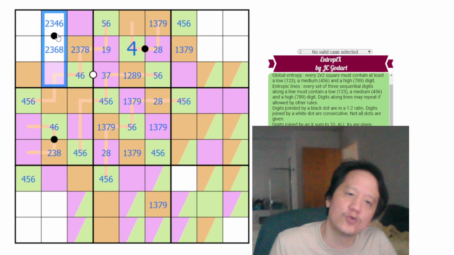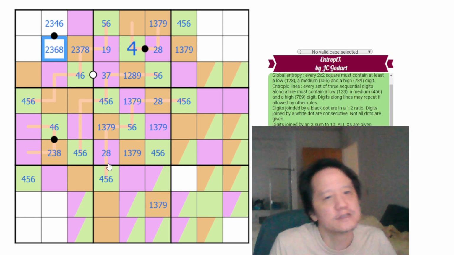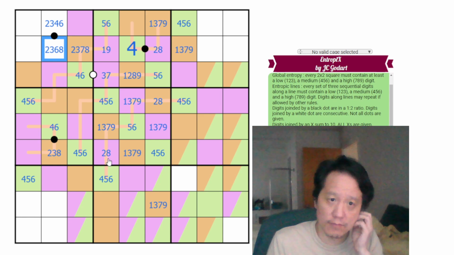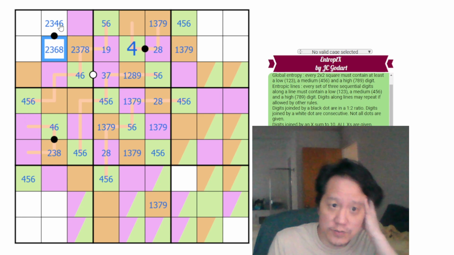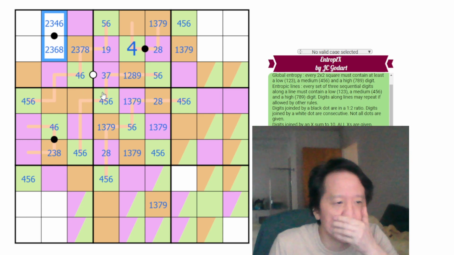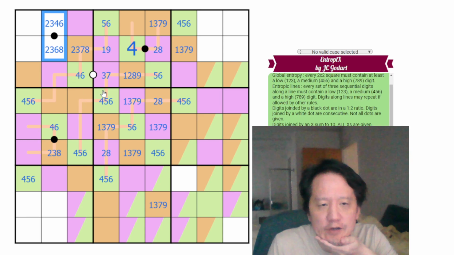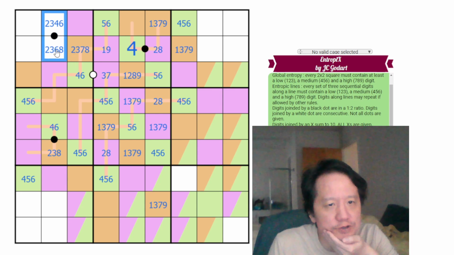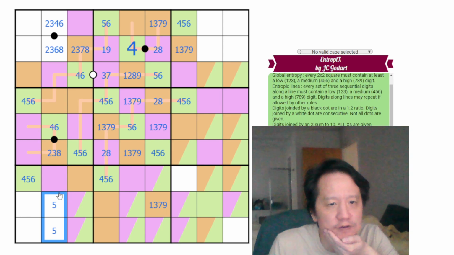So this is 4, either 4 with 2 or 8, or 6 with 3. Right? Because one of these is green. So one of the middle ones is there, and it's 4 or 6. So we know. Oh, okay. That's interesting. This has to be 5.